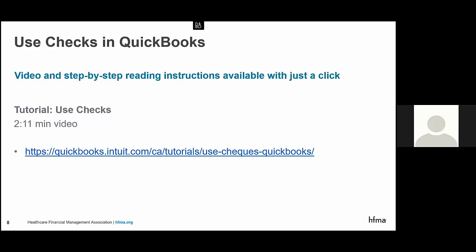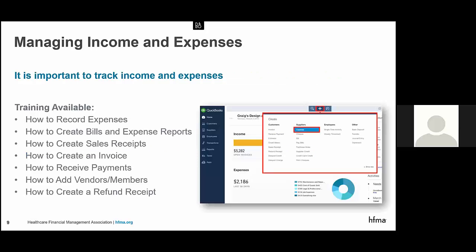This video on using checks in QuickBooks will help you set up QuickBooks so that you can print checks directly from there by navigating to the Print Checks menu and to help set up your chapter's checks.